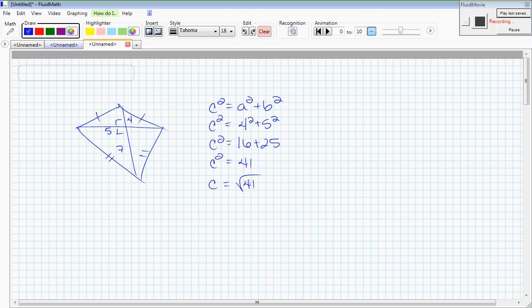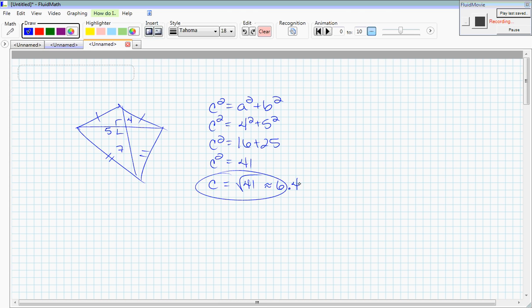Now remember, most of the time when we would solve an equation using square roots, it would be plus or minus, but in this case, we're dealing with length, and length can only be positive, so it's just the square root of 41. Now that cannot be simplified, so we can just leave that as an answer, I think. No, it says to give your answer to the nearest hundredth. Okay, and let's see, the square root of 41 would be approximately 6.4.